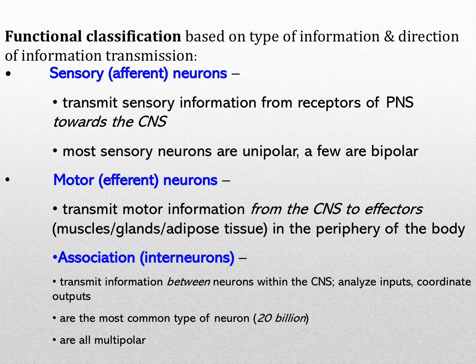We haven't looked at that a lot, but they transmit information between neurons in the central nervous system. They communicate between the sensory neuron and the motor neuron in processing, analyzing inputs and coordinating inputs. They are the most common type of neuron, 12 billion. And they're going to be multipolar neurons. Should I put that there?